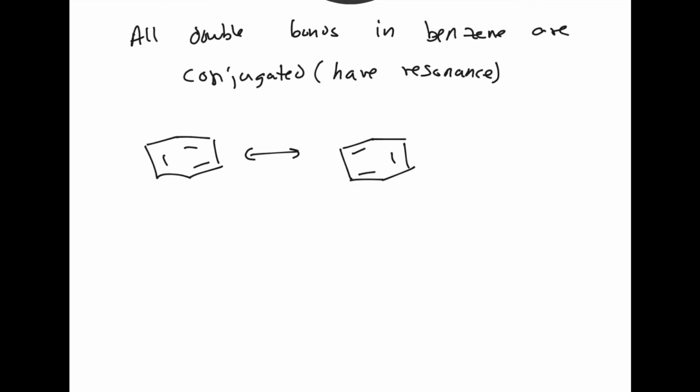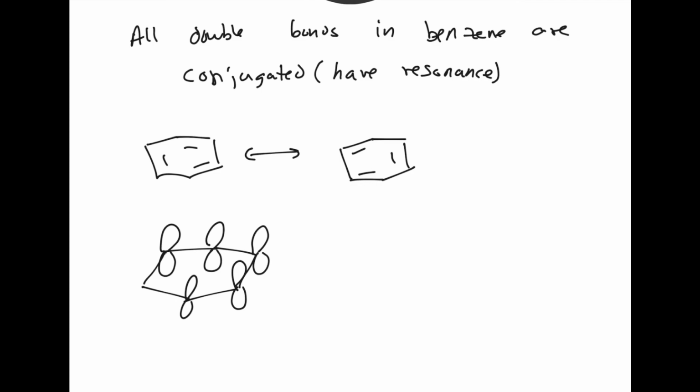So the way this kind of looks is I'm going to draw the benzene ring kind of on its side. Your orbitals stick up out of the benzene ring. Each carbon has a p orbital that is perpendicular to the plane of the benzene. So I've kind of turned it on its side. You're looking at the edge of the benzene, and above and below the plane that the benzene makes, you have your p orbitals on each carbon.